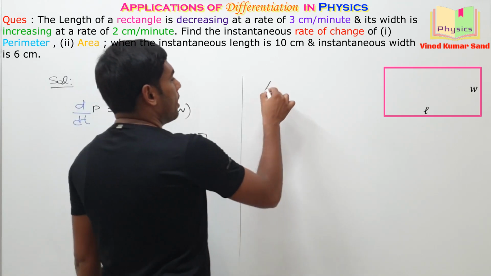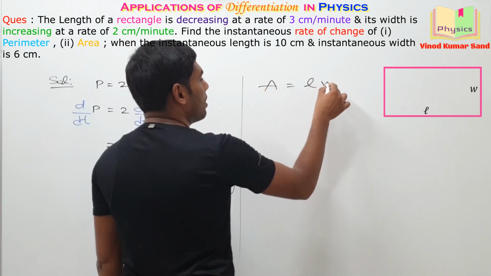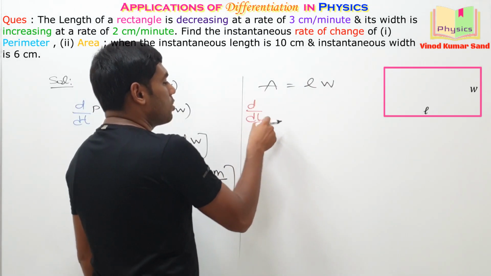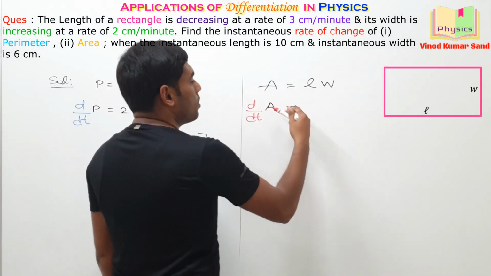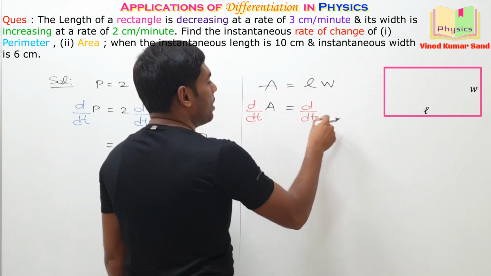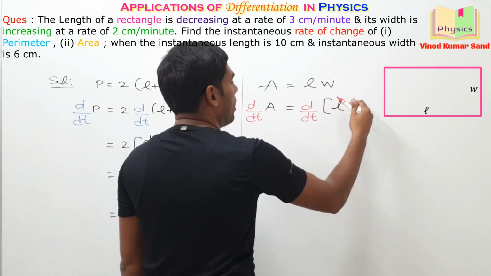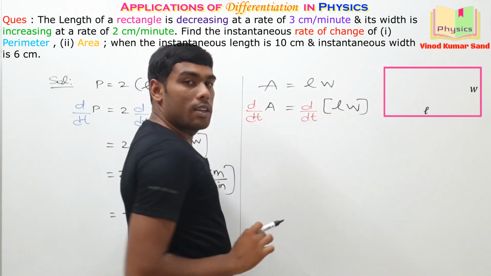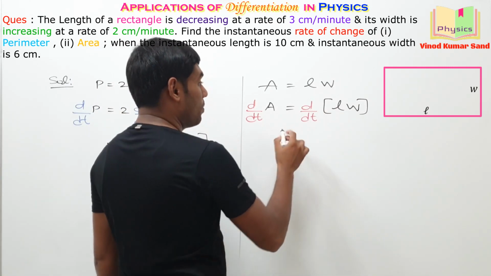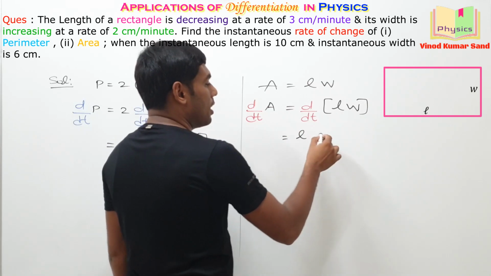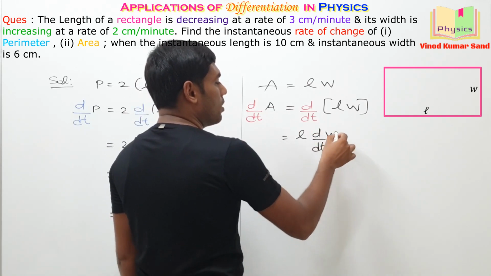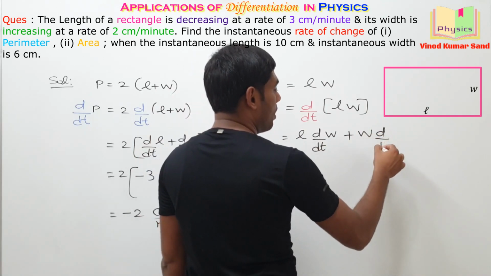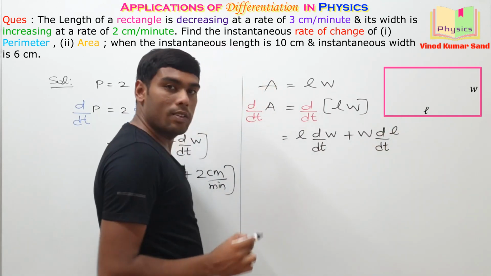Area of the rectangle is given as length multiplied with the width, and the question is asking the rate of change of area also. So here we'll write d by dt of L and W. This can be solved using which rule? The multiplication rule. So I'll keep L outside and I'll differentiate the width. Next time I'll keep the width outside and will differentiate the length.